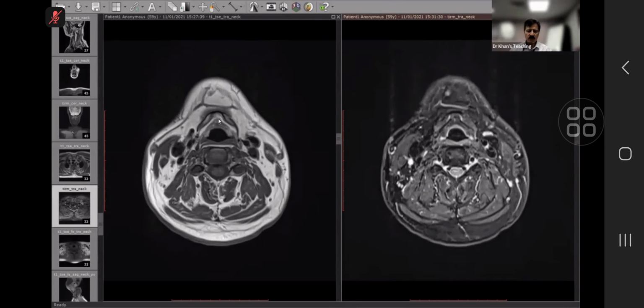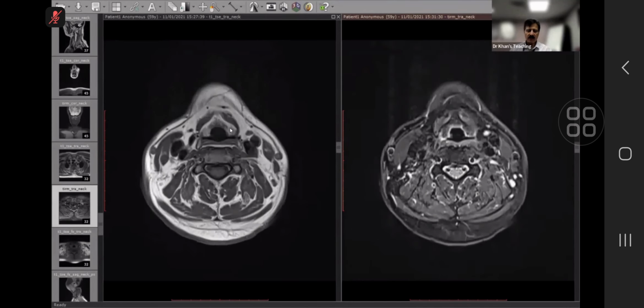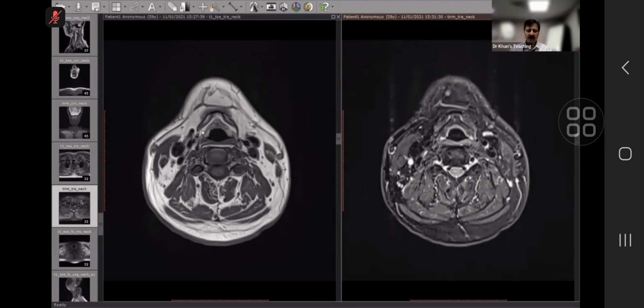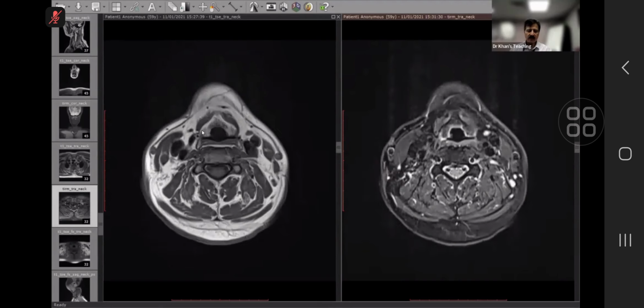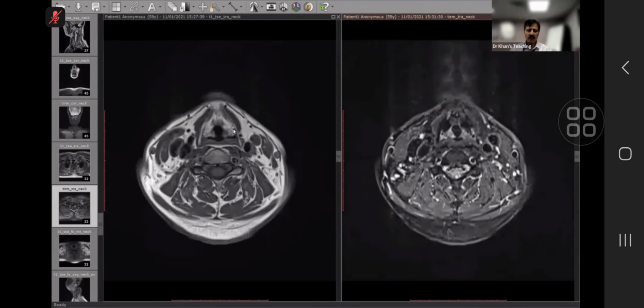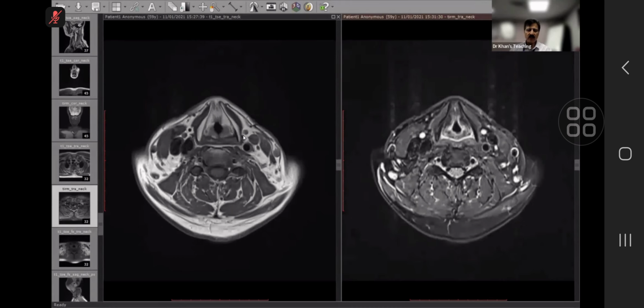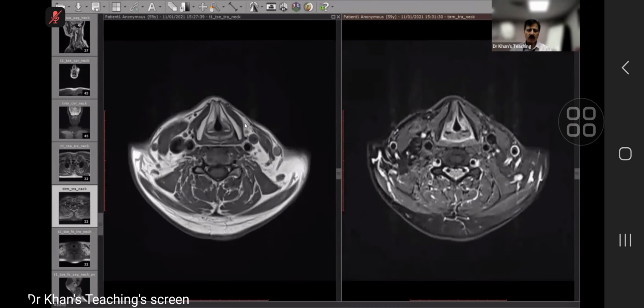So now, this is the point I was making. Now, look at this. We are at the level of, this is the thyroid cartilage. And look at the signal. And this is just like marrow, as in fatty marrow, because it is ossified. So in an advanced age, this can happen. This really gives you very good view.